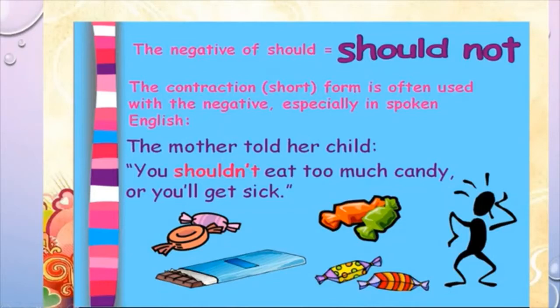That means shouldn't. Look at the example. The mother told her child, you shouldn't eat too much candy or you will get sick. Here, the mother advises her child not to eat too much candy. So, it is advice.